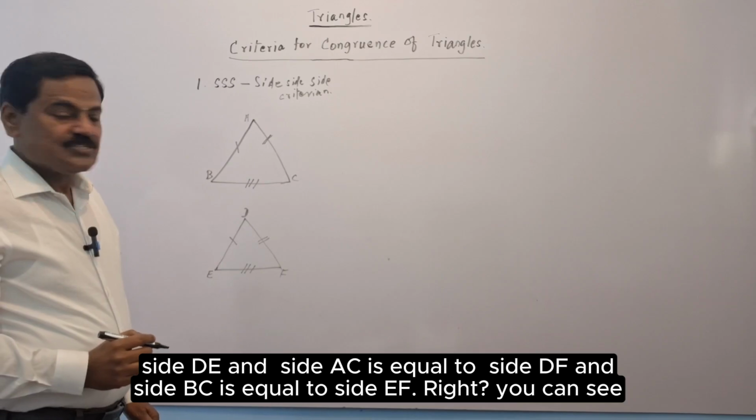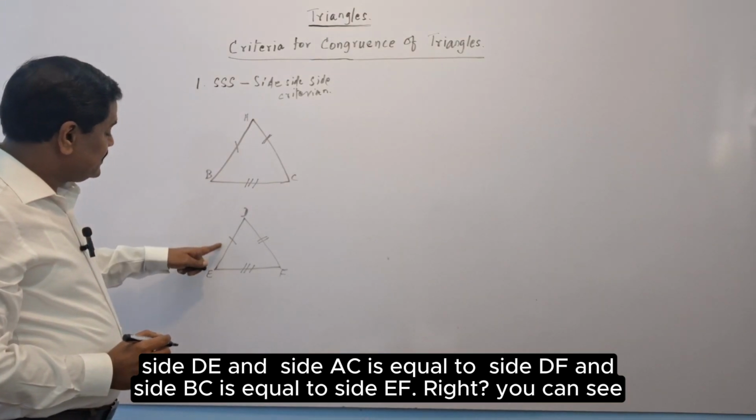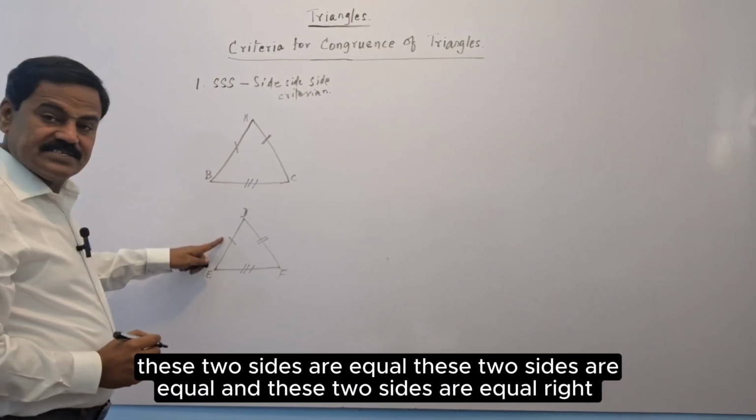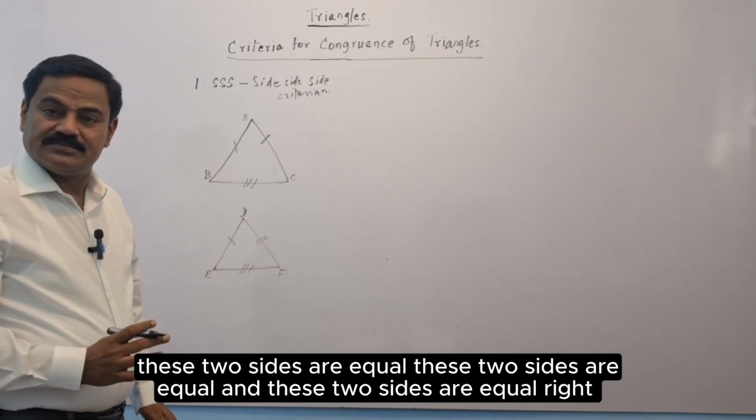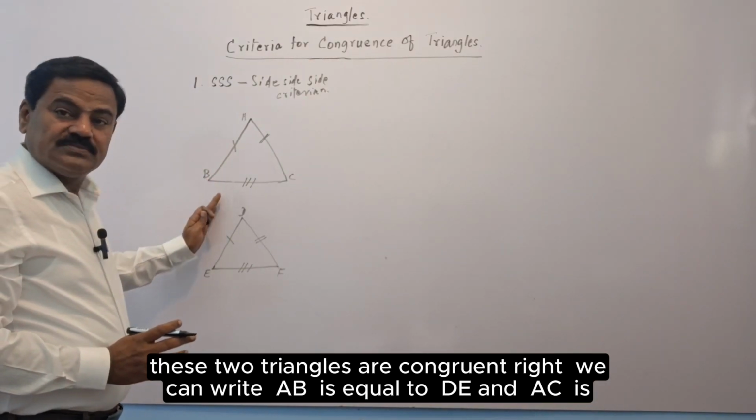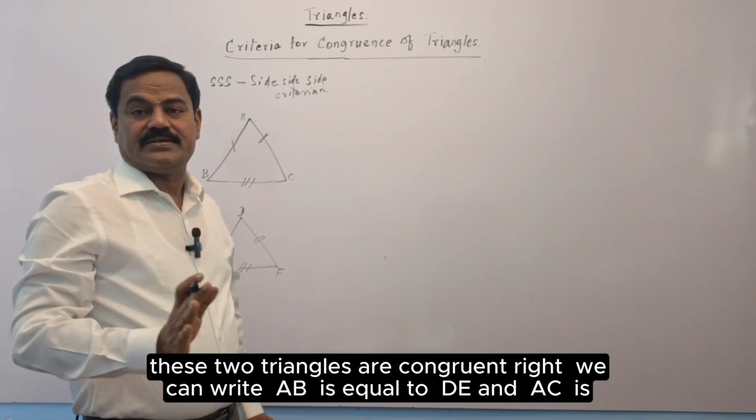So now you can see these two sides are equal, these two sides are equal, and these two sides are equal. These two triangles are congruent.